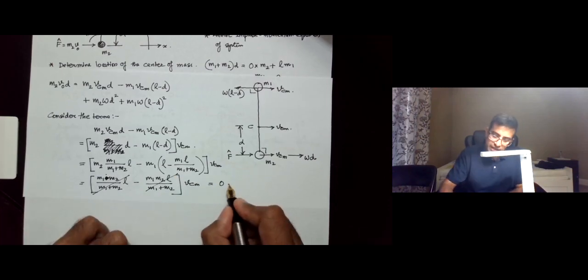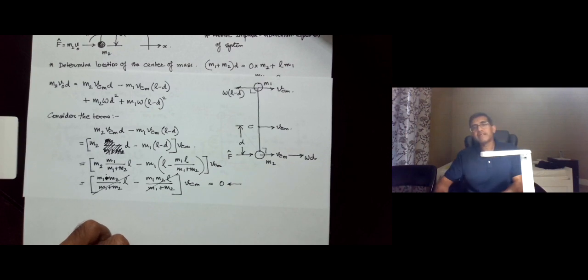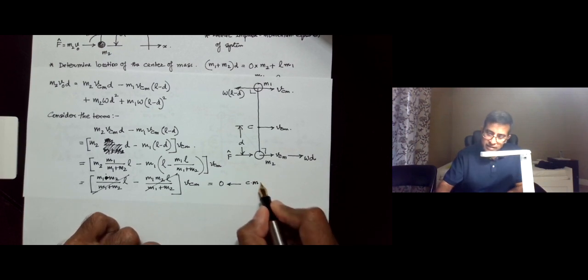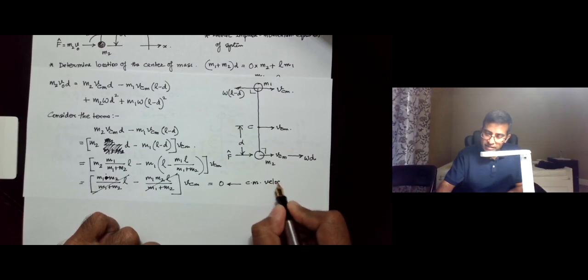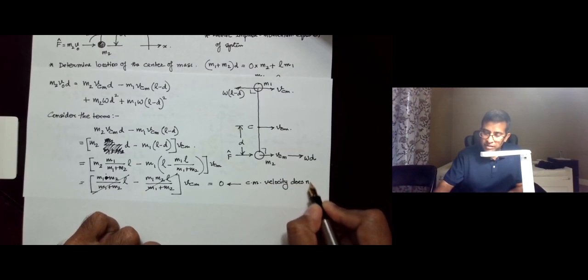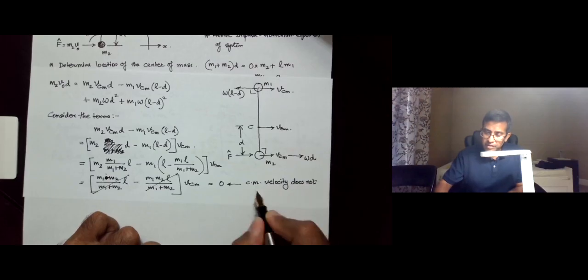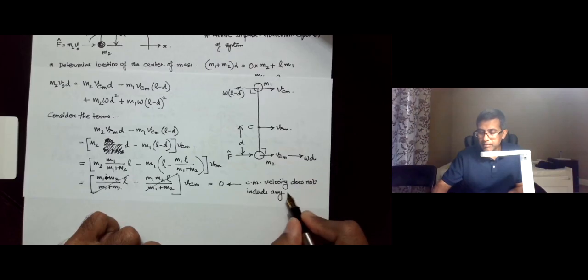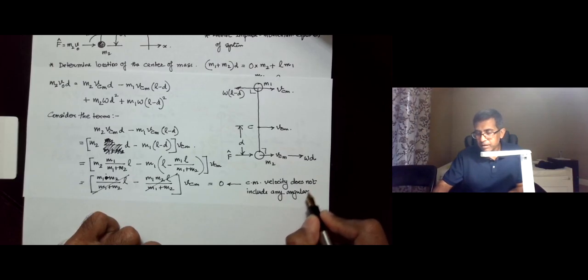So what this is telling us is that the center of mass velocity does not include any angular momentum.